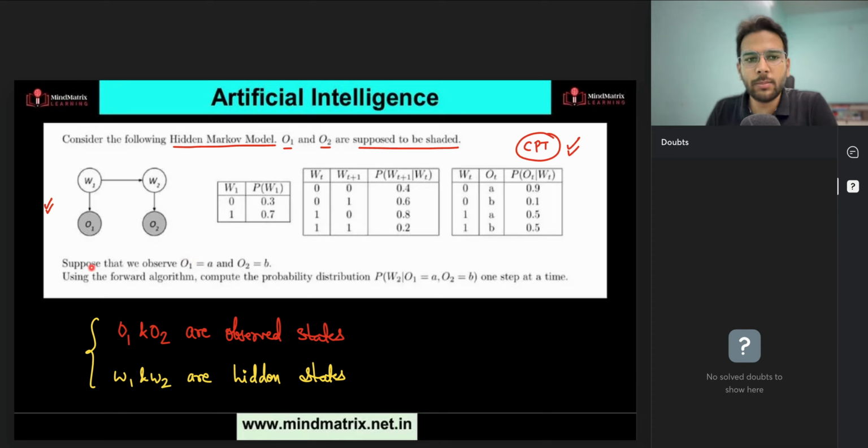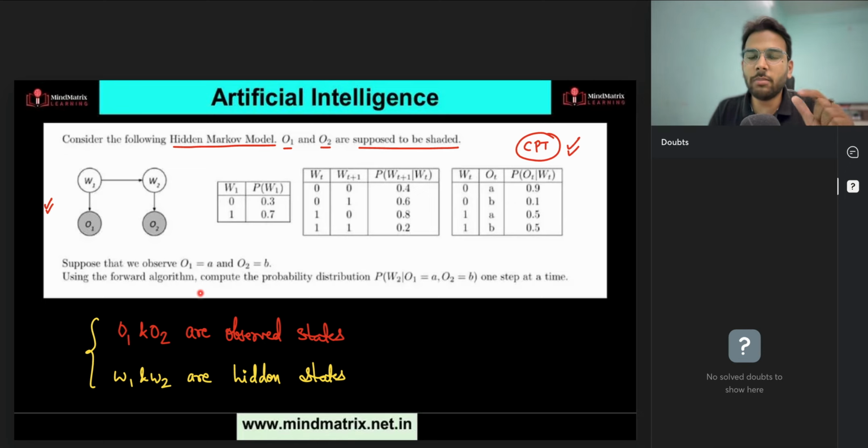Now it says, suppose that we observe. Carefully understand the question. Suppose that we observe O1 is equal to A and O2 is equal to B. It is talking about certain values of the observed state variables. Like in our example from the previous lecture, we took the example of what the mood of Tom will be on a given day, whether sad or happy.